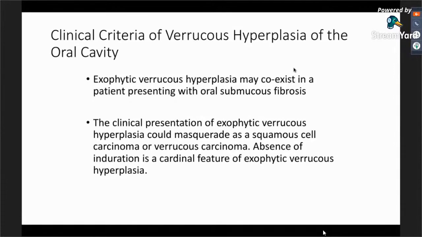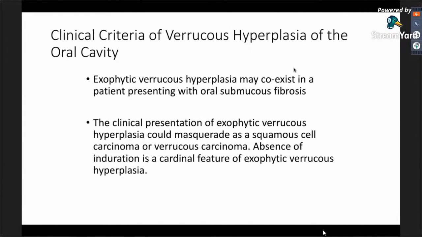I think the one from Professor Tilak himself, and then there is more, which is showing that there is exophytic verrucous hyperplasia in oral submucous fibrosis. The clinical presentation of exophytic verrucous hyperplasia could masquerade as a squamous cell carcinoma or verrucous carcinoma. Absence of induration is a cardinal feature of exophytic verrucous hyperplasia.